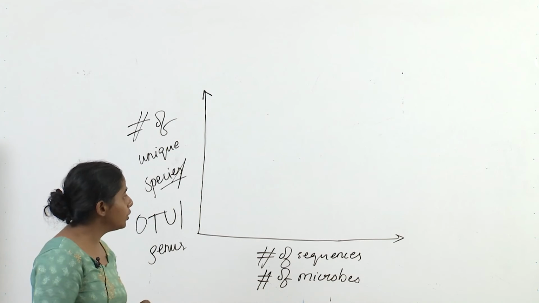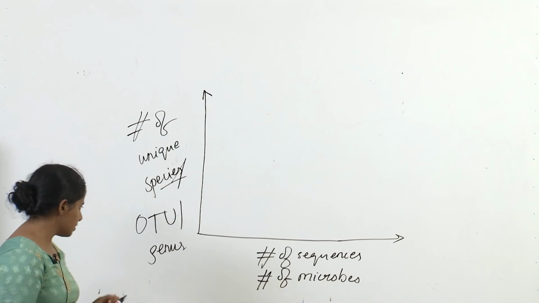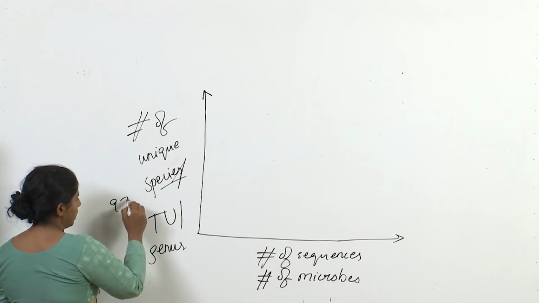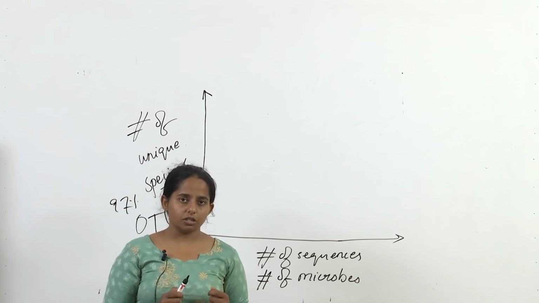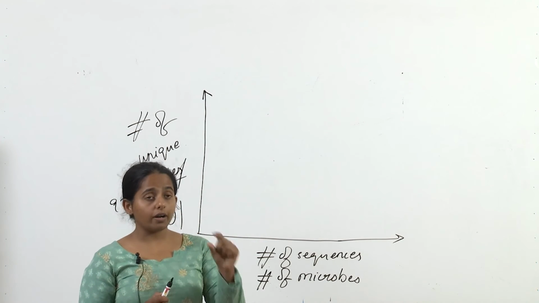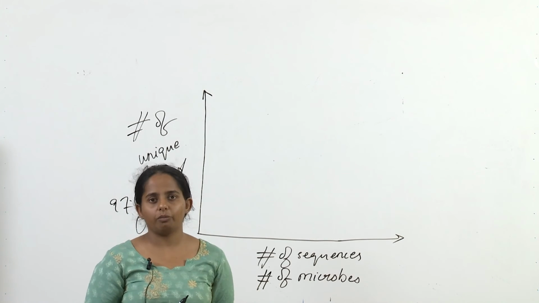In OTUs, what we do is we look at genetic similarity and we decide a number, quite arbitrarily sometimes. Let us say we have decided on 97%. So all sequences that are 97% similar to each other or more similar to each other are called one operational taxonomic unit. So they are referred to as one kind of microorganism.